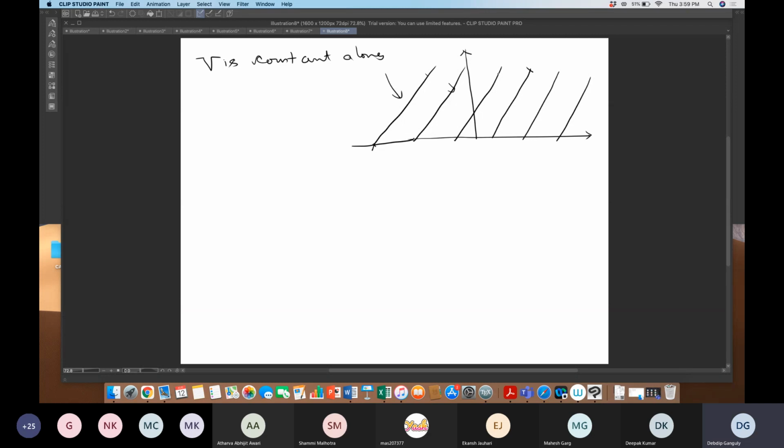So here the value of V is equal to the value of V here, everywhere. Yes or no? So V is constant along these straight lines with slope A. Is it clear?